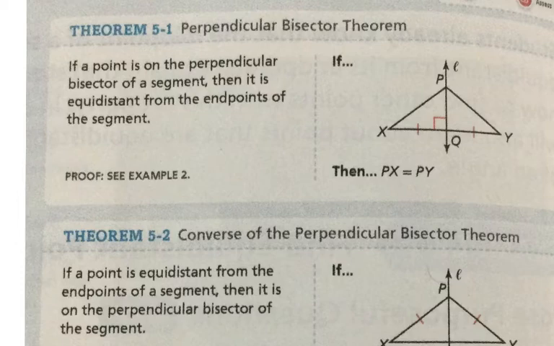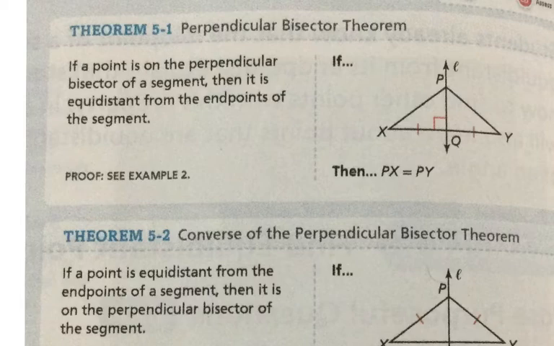What that means is P to X is the same length as P to Y. Alright, that's the new theorem, the perpendicular bisector theorem. If a point is on the perpendicular bisector of a segment, then it is equidistant from the endpoints of the segment. So, well, how do we know that these are equivalent?